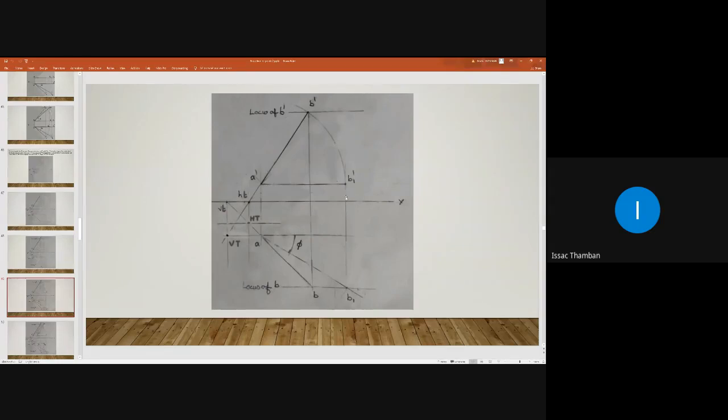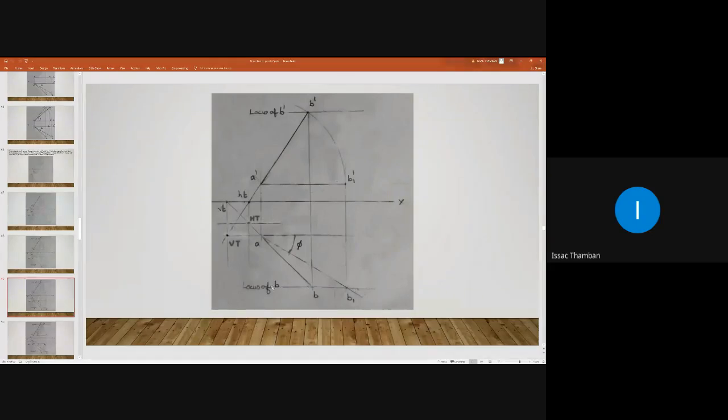Have you obtained B1 dash? Yes, sir. Okay. So if you are making it parallel to HP, what will happen to point B? Point B will move along the locus plane. If you are making it parallel to HP, then B will move along this horizontal line.